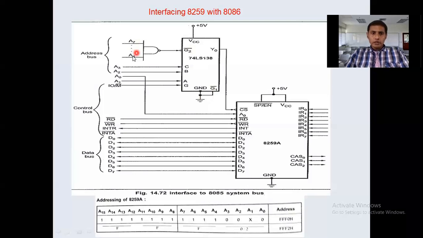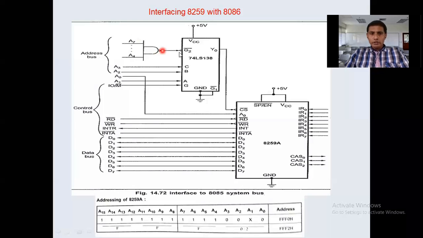This is nothing but direct mapping, I/O mapped I/O. If you take 16 address lines, then it will go up to A15, so A4 to A15. Here he considers up to A7, but we can take up to A15 also, not a problem. All are connected to a NAND gate.